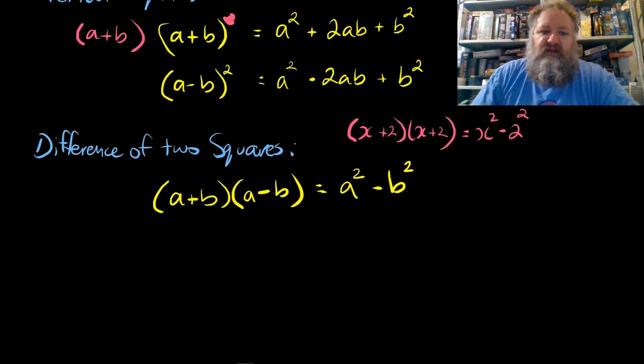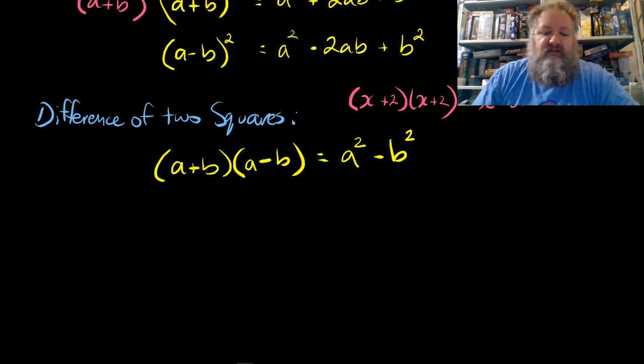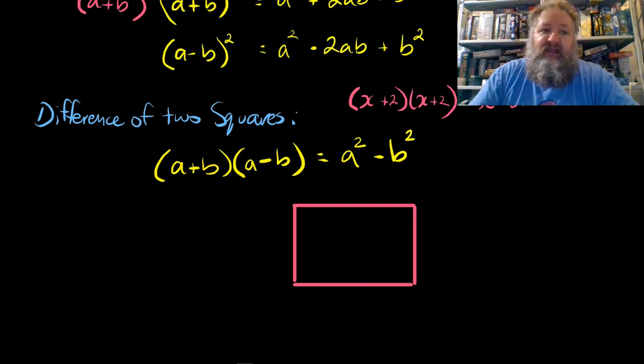If I was to draw that graphically, I'll do it real quick here. If this is my A-sized square, right? Well, it doesn't really look like a square, but whatever. And I end up actually taking away the B-sized square. So, oh, that didn't go straight.